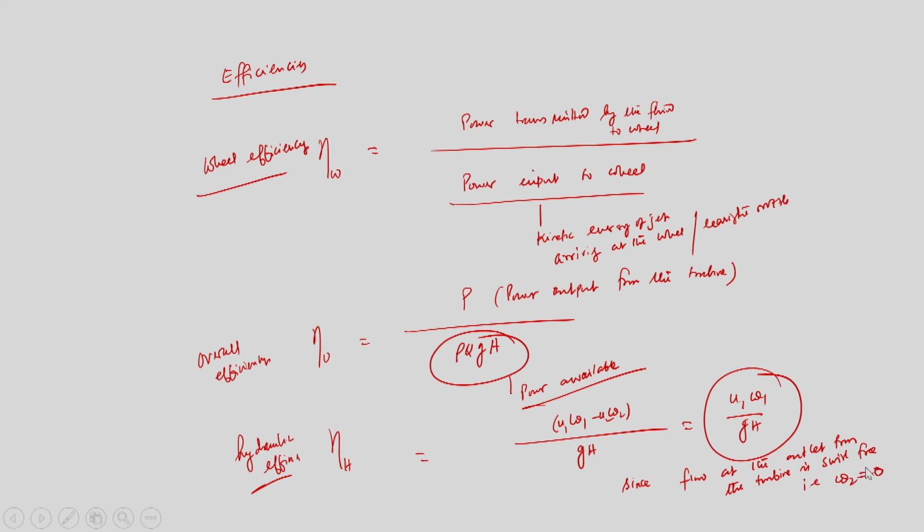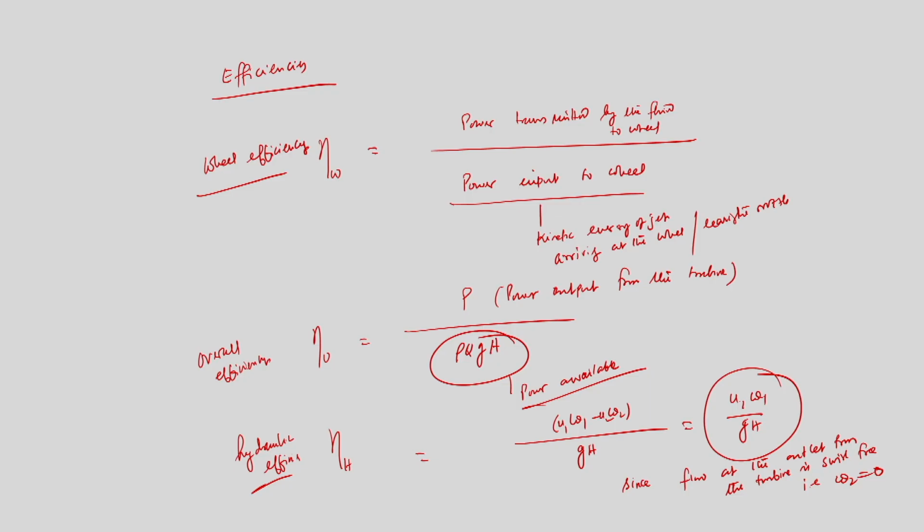Since C theta 2 is equal to 0, the hydraulic efficiency is defined just like a pump, but here the sign of the swirl velocity component changes, because inlet is C theta 1 and outlet is C theta 2. So U1 C theta 1 minus U2 C theta 2 by g, where C theta 2 is equal to 0 since outlet flow is swirl free. So U1 C theta 1 by gH, where H is the head available.